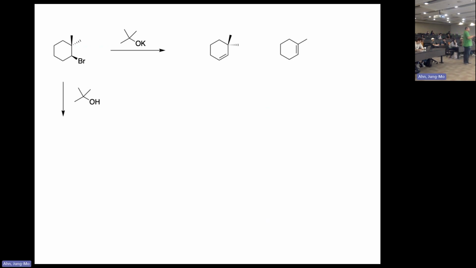That double bond, 1, 2, 3, has three carbon substituents on the double bond. So if I ask you which of these two would be more stable, then you should pick this one. And that should be the major product, right?